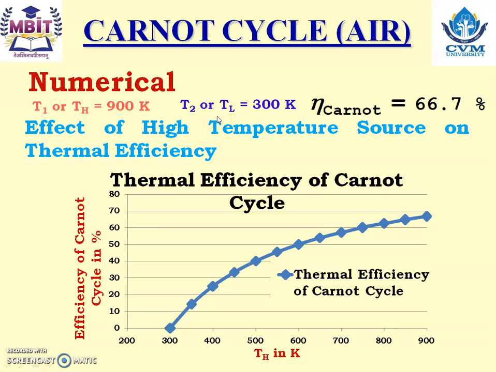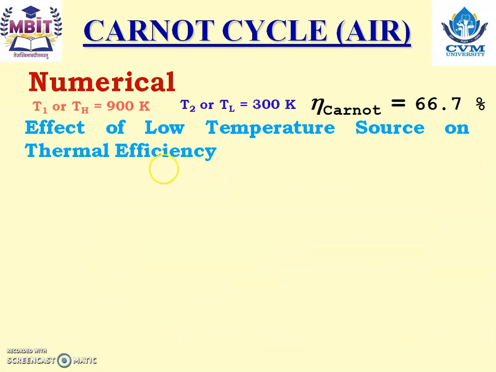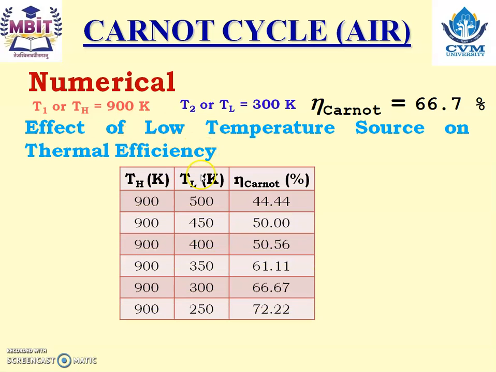Now let us study the effect of low temperature heat sink. It is not asked in the numerical, but let us study. So now let us study the effect of low temperature sink on thermal efficiency, keeping the heat source temperature same. So heat source temperature is 900, and these are the different values of the heat sink temperature, and the efficiencies are like this. At TL 500 Kelvin, efficiency is 44.44%.